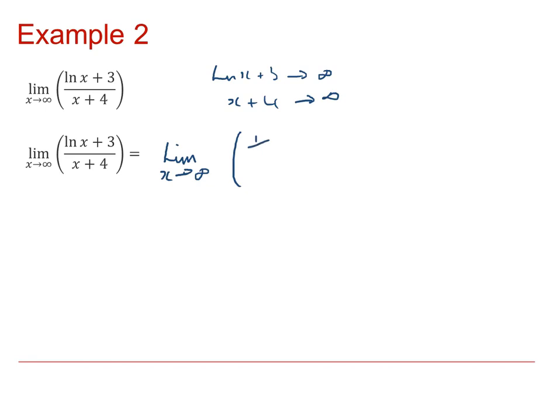So on the top we've got 1 over x, and the bottom we've got 1. And therefore we can say that the limit is equal to the limit of 1 over x as x approaches infinity, and that's equal to 0.